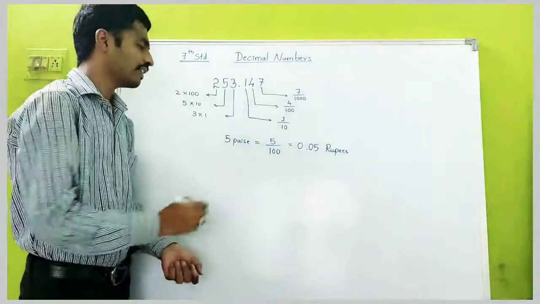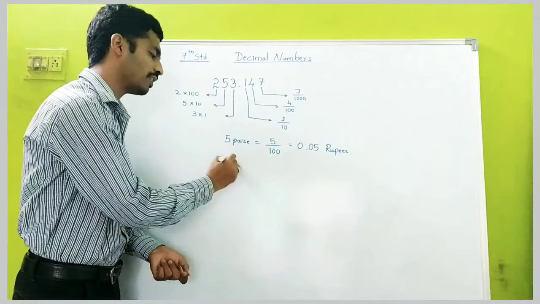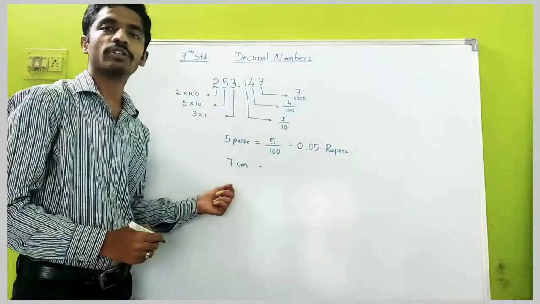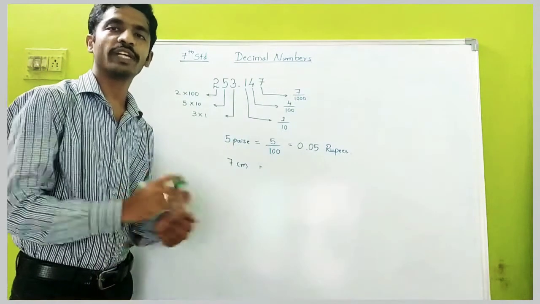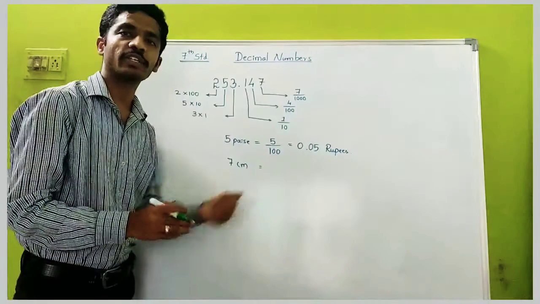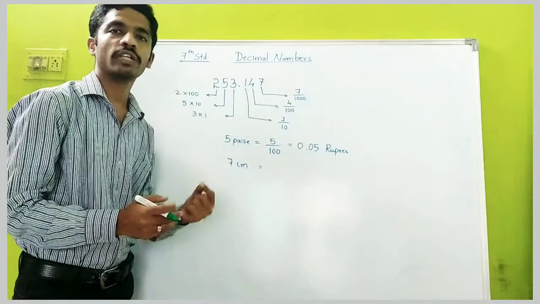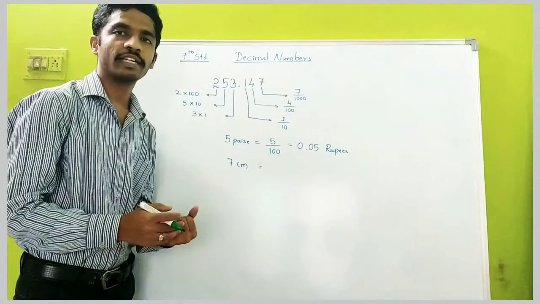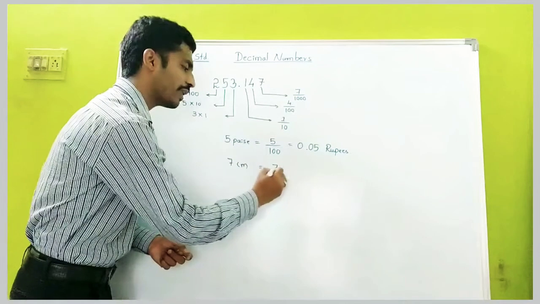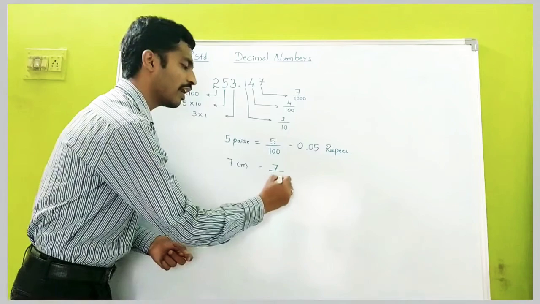Like that, they gave another example, 7 centimeters. We have to express 7 centimeters in meters. How many centimeters give us 1 meter? 100 centimeters give us 1 meter. So here also we have to divide 7 by 100.